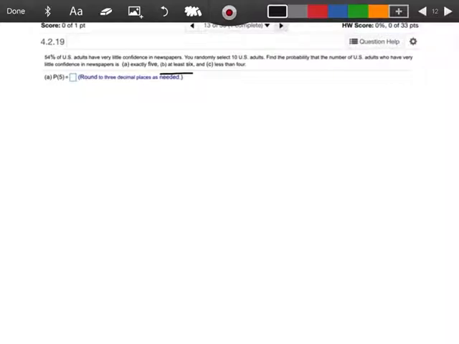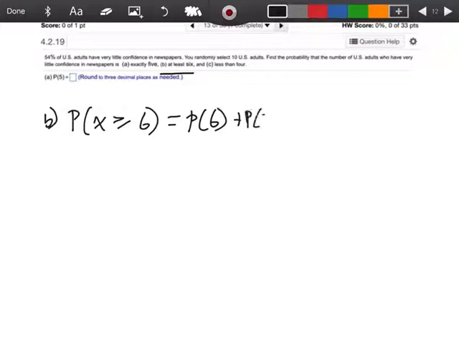Now, let's do part B. Part B says at least 6. Think of what that means. At least 6 means X is bigger than or equal to 6, which means we could have 6, or 7, or 8, or 9, or all 10.